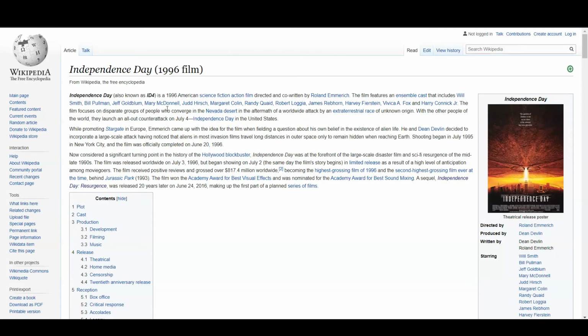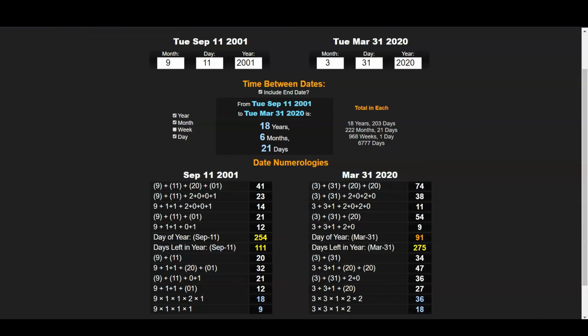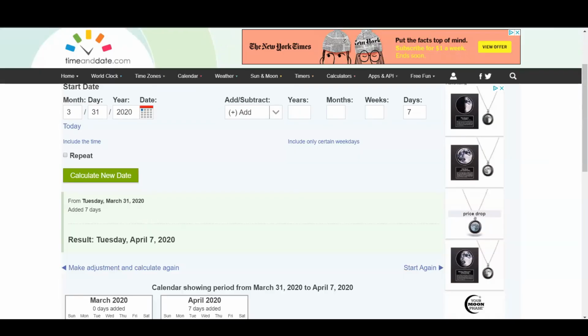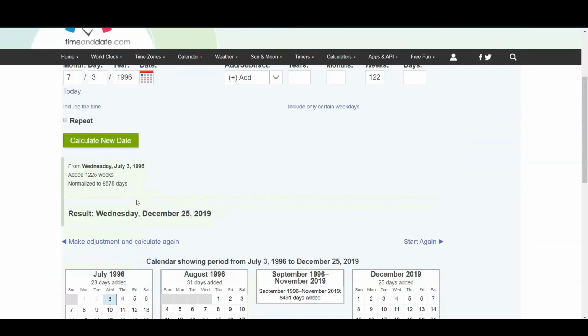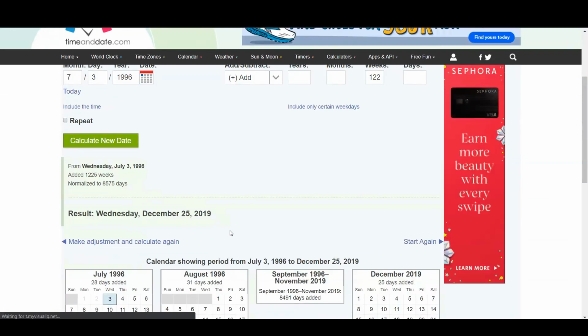The worldwide release of Independence Day was on July 3rd, 1996. And we're going to add 1,225 weeks to that for our magic square of Venus. And it gets us to December 25th, 2019, just a couple days ago.